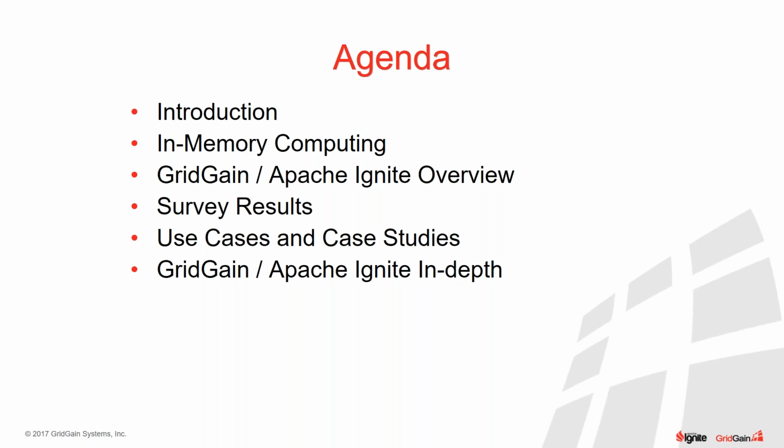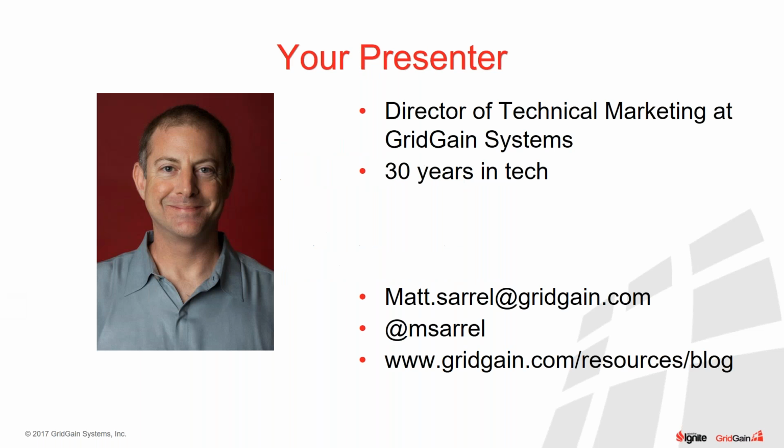Then I have 3 or 4, I can't remember, use cases to go through, like high-speed transactions. I'm also covering real-time analytics, and I'm also covering building a messaging platform in memory. And then after that, I will go into a more in-depth explanation of GridGain and Ignite and the features.